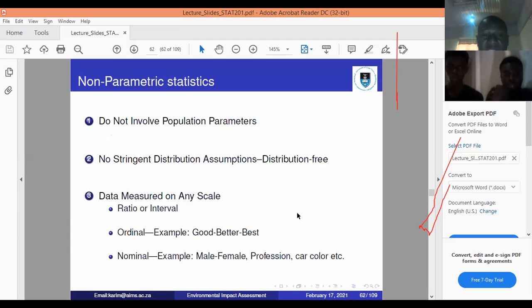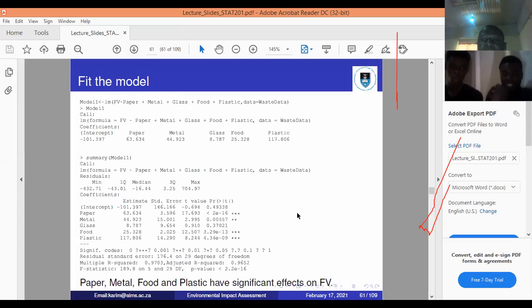Okay, so that is it for linear regression. Under linear regression, we are able to establish the relationship between the dependent variable and the independent variables. Depending on your environmental variable of interest, you will formulate your regression model and try to estimate the magnitude of the impact on the environment from your project.